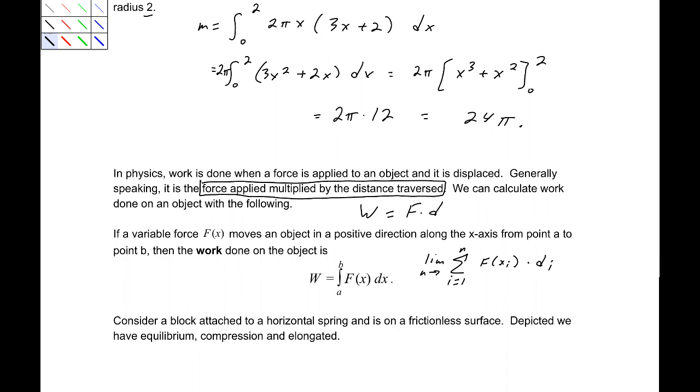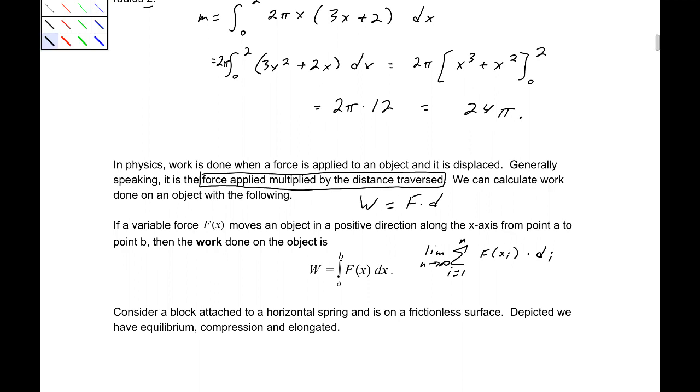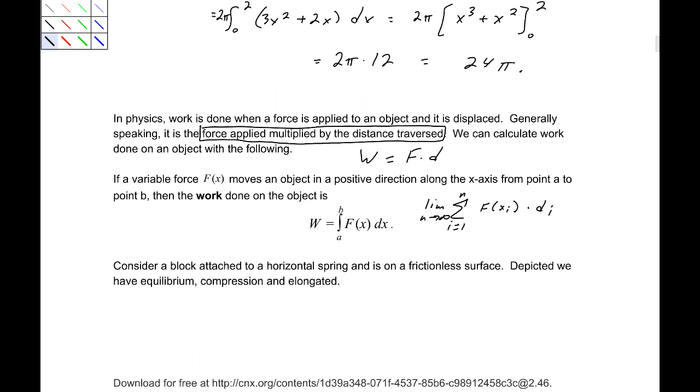So I guess I lied. I am showing you the Riemann sum there. But as we take that limit, F of x i becomes the function F of x. The distance of displacement becomes dx. And then we end up summing along that integral from a to b. So we have the integral from a to b of F of x dx.